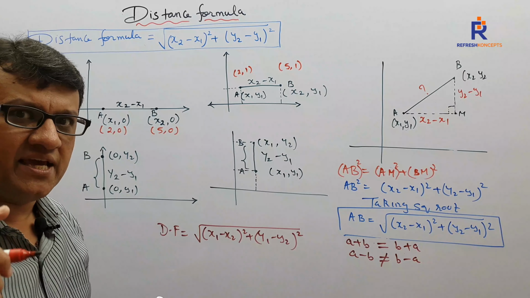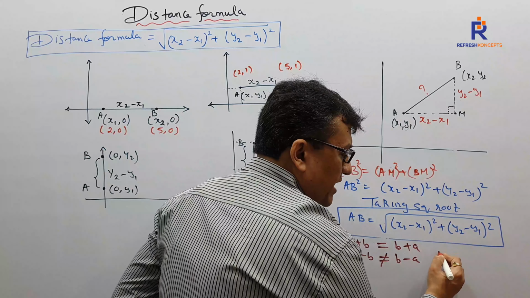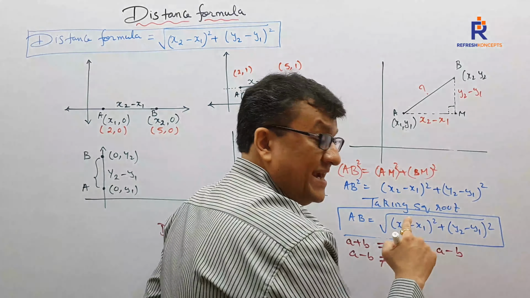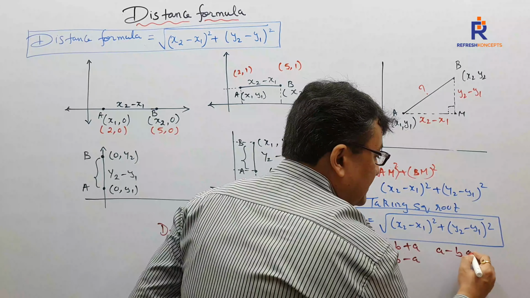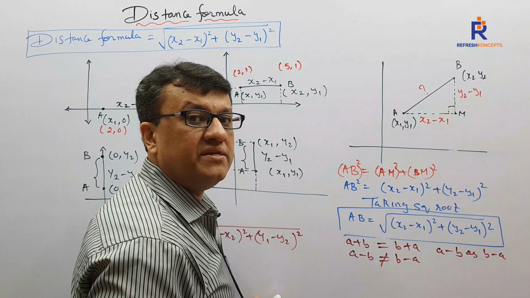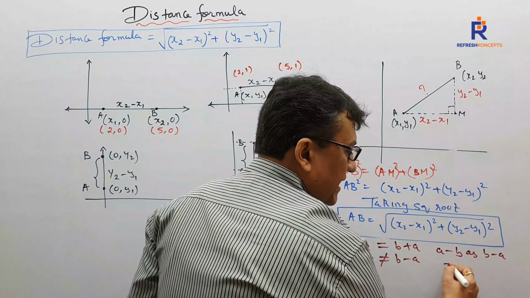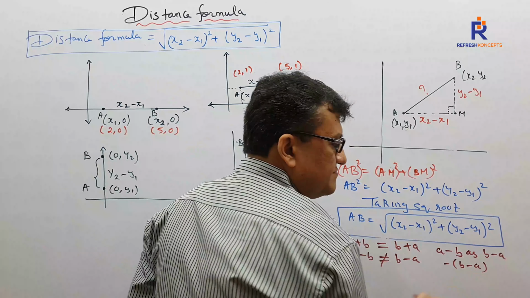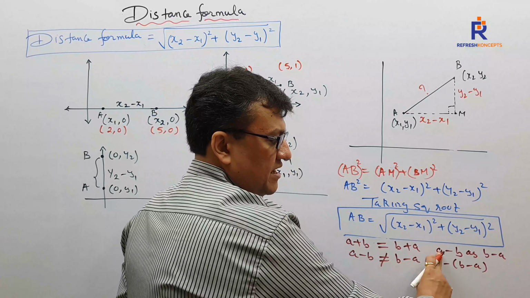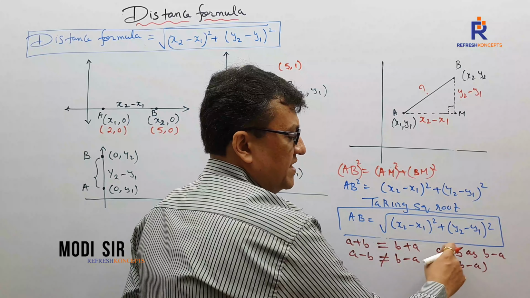Is what many must be thinking. No, still. What math says is, if you want to write down a minus b as b minus a, listen to me very carefully, you just have to take a minus sign common. So I'll write down minus of b minus a. Open it. Minus b, minus of minus plus a, minus b.